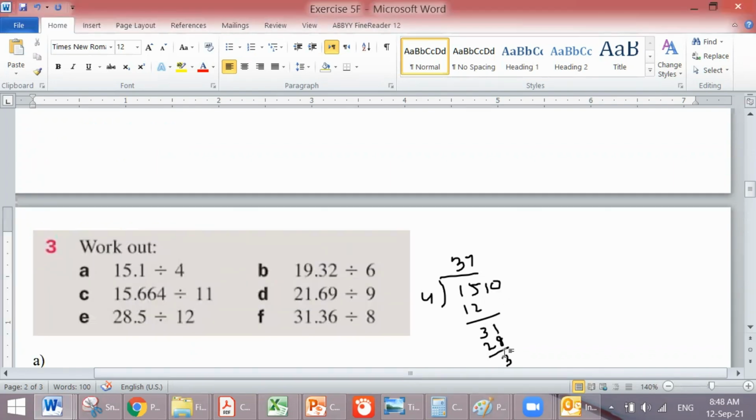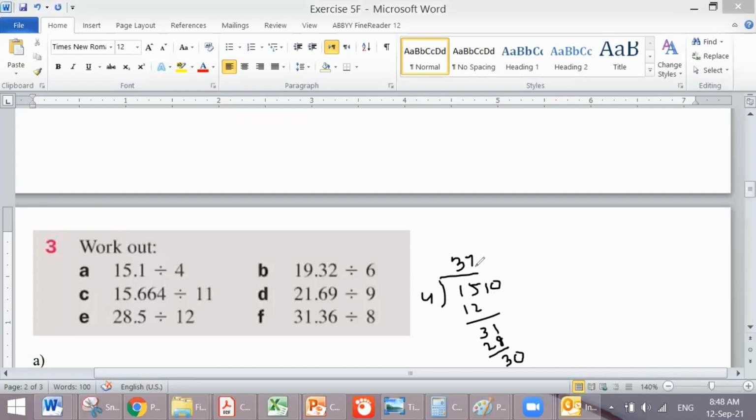So what is 3 here, and I will put 0 here. Now again I will read the table of 4 up to 7. 4 7s are 28. Now 2 will be left, and here I will put again one more 0, and that 0 I will put down.